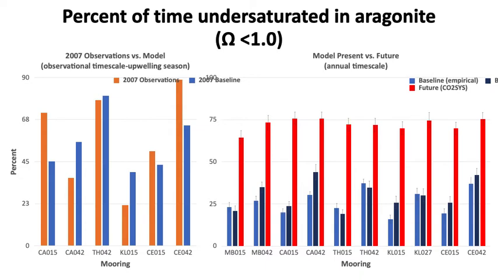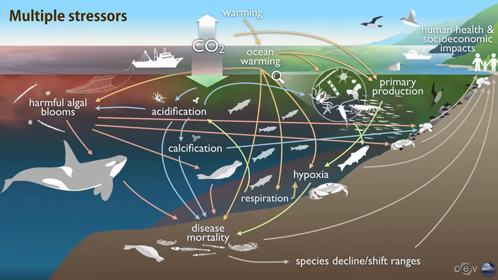And so the organisms can be exposed to undersaturation 75% of the year in the future, as opposed to closer to like 30 to 40% in the modern.